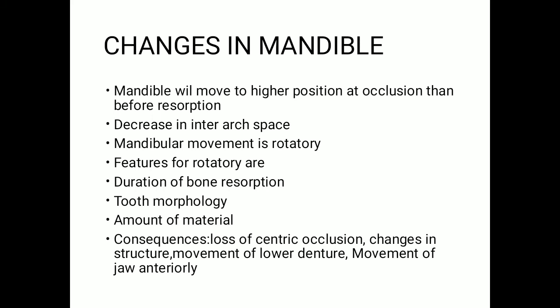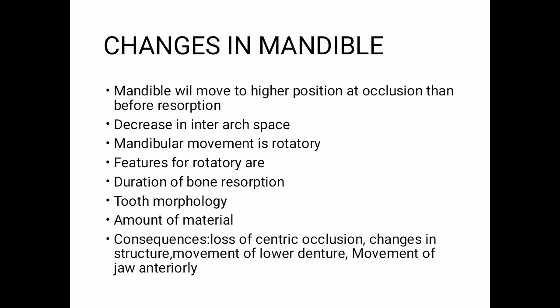Going to the changes in the mandible, the mandible will move to a higher position at occlusion than before the resorption. It finally decreases the inter-arch space. Here mandibular movement is rotatory. Features of rotatory mandibular movement are duration of bone resorption, tooth morphology, and amount of material.